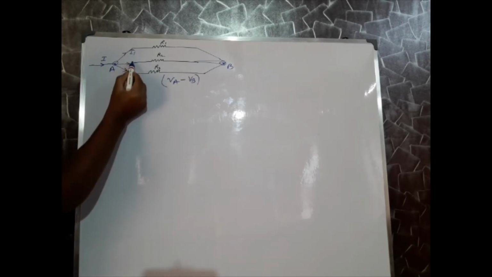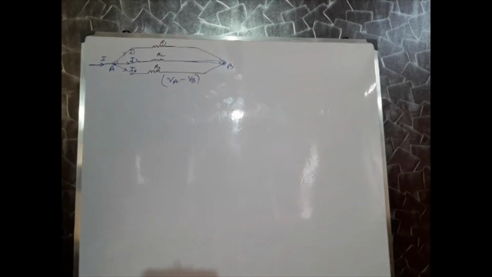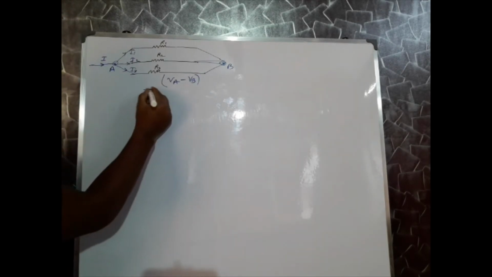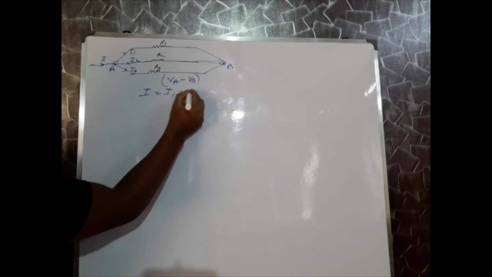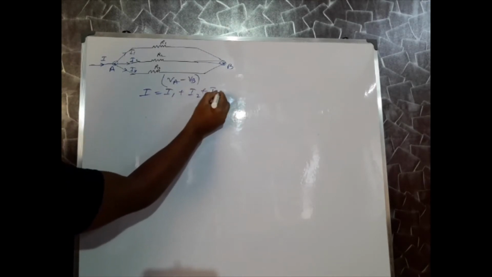It is I1, it is I2, it is I3. Here the rate of current flowing is not the same for each resistor. Resistor 1, resistor 2, resistor 3. Each resistor has a different current. That is I1, I2 and I3. So simply we can write here I is equal to I1 plus I2 plus I3.